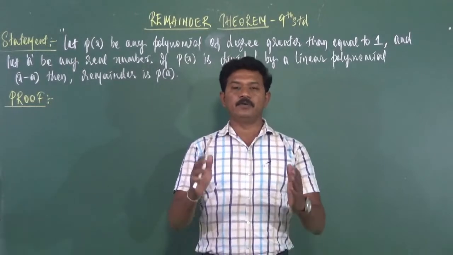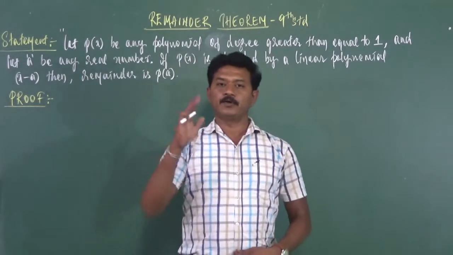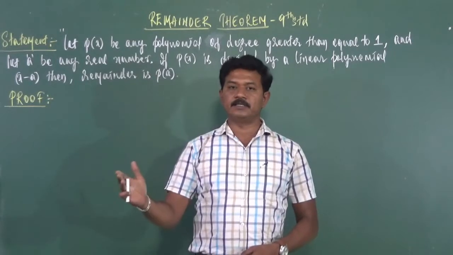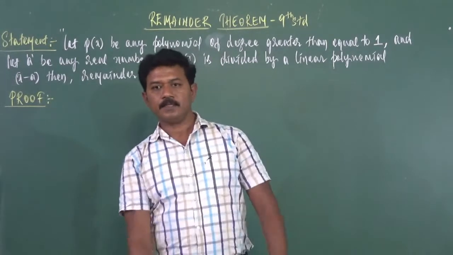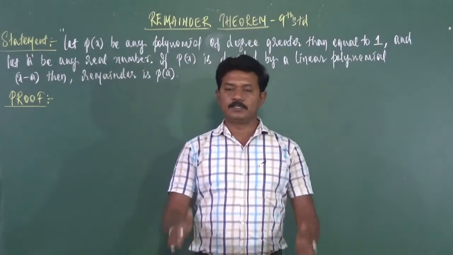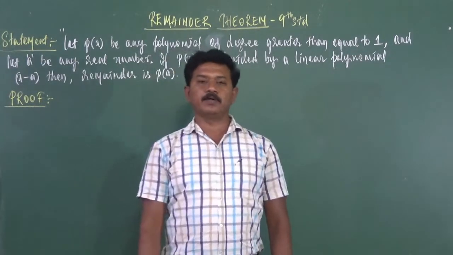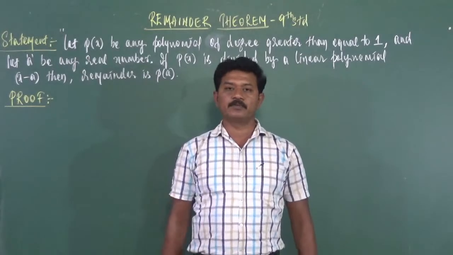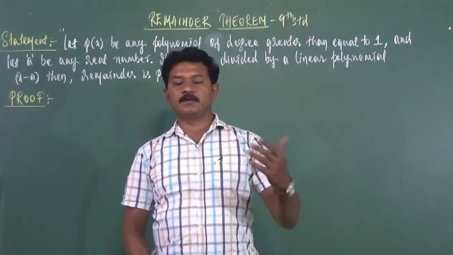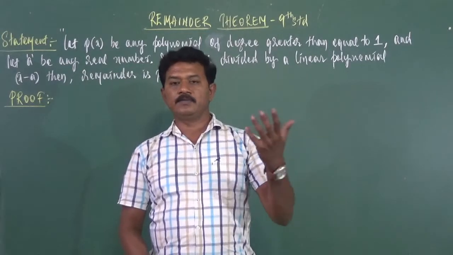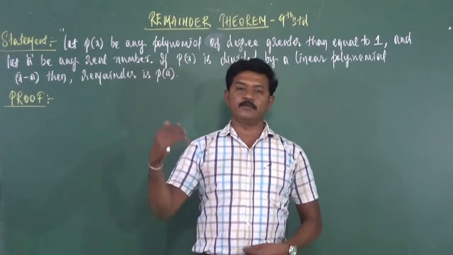Today we will be going with the first theorem, that is the remainder theorem, where I hope in the previous session I had discussed some knowledge which was required for this particular theorem. This is a very important theorem, you have to understand this. Yesterday I had taken some polynomials and a linear polynomial along with that. So p of x was a polynomial of degree greater than 1, and for dividing that polynomial p of x I had taken a linear polynomial with degree 1.